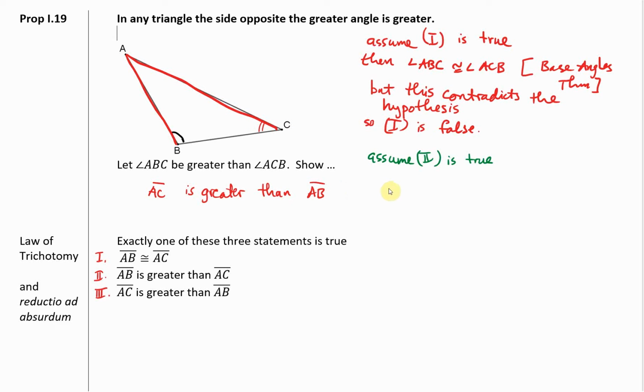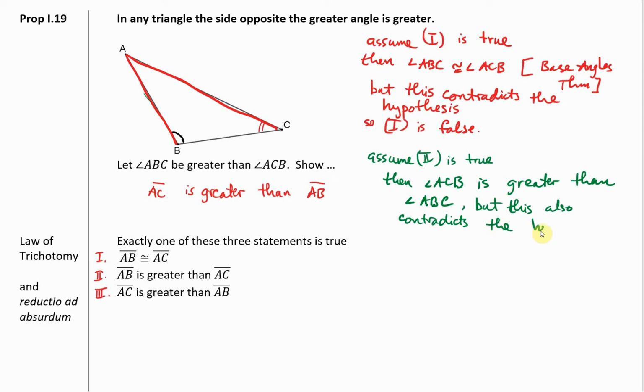Well, that can't be true because if AB here is in fact greater than AC, then angle ACB is greater than angle ABC. But that also contradicts the hypothesis, because we were told that the opposite of this was true. So this is also absurd, because this also contradicts the hypothesis. So statement 2 is false.